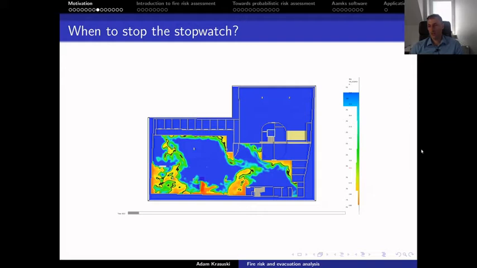So we have now the situation in the garage after 60 seconds, and now we have to judge whether evacuation is still possible. On the one hand, there are many more spaces where the critical value of visibility is achieved, but on the other hand there is still a path free of smoke.